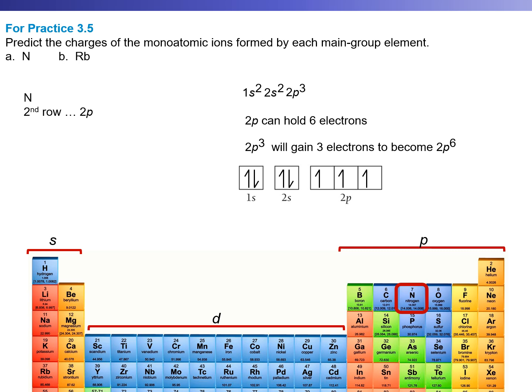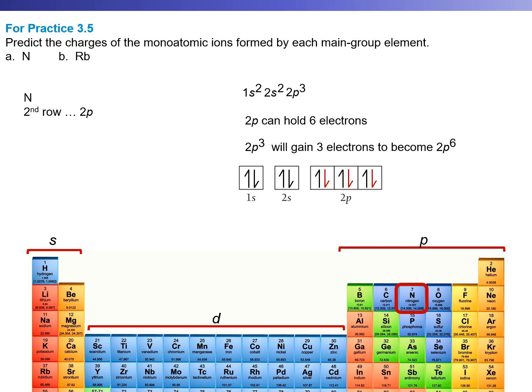Now that's a reasonably stable configuration, but there's that drive to create the octet, which means that nitrogen either wants to share 3 electrons with somebody, or 3 somebodies, or it wants to gain 3 electrons. Because when it gains an additional 3 electrons, now it's got that octet, that full valence shell. And that is actually a much more stable arrangement for nitrogen.